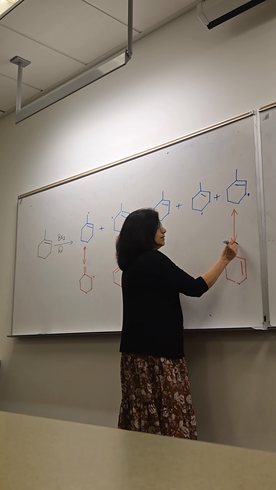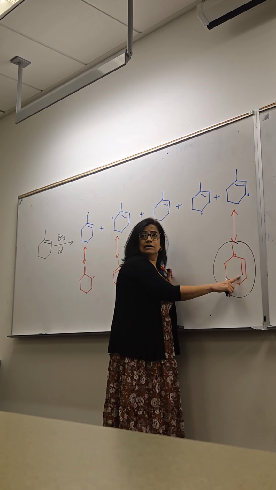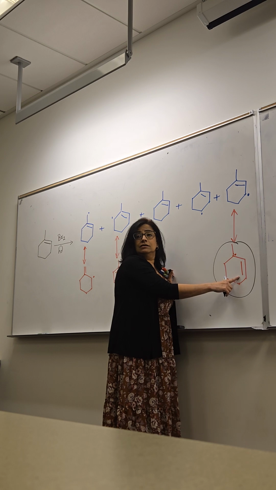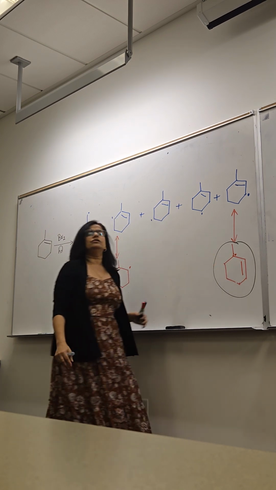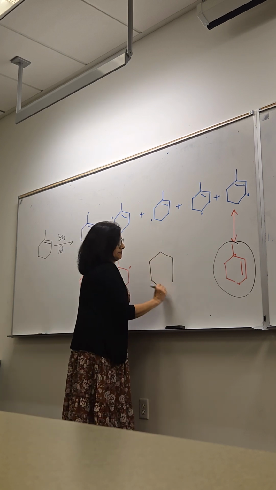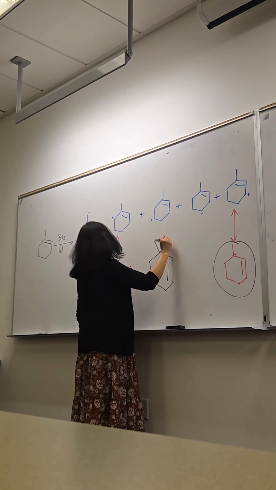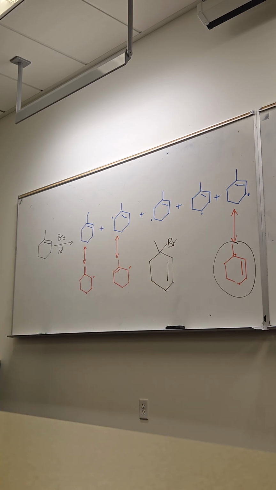Because it's tertiary and allylic. It has three R groups and it's allylic. Do you guys agree? Most stable radical. So what's the structure of the major product?